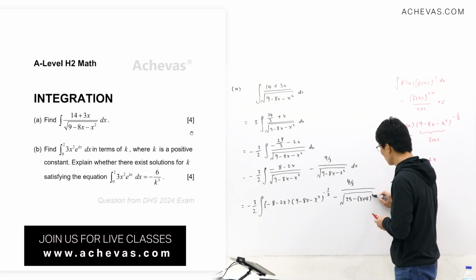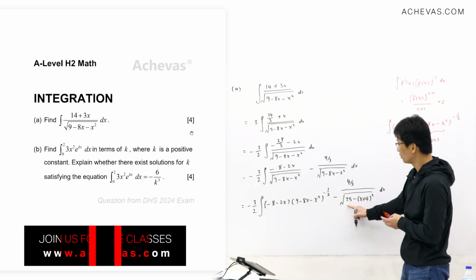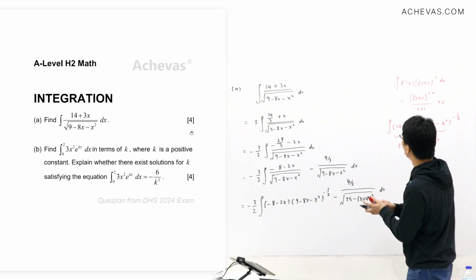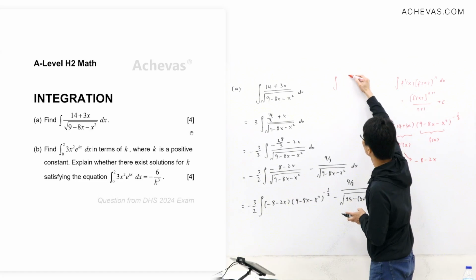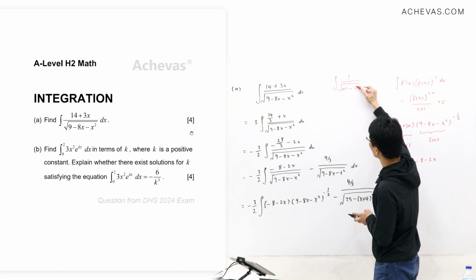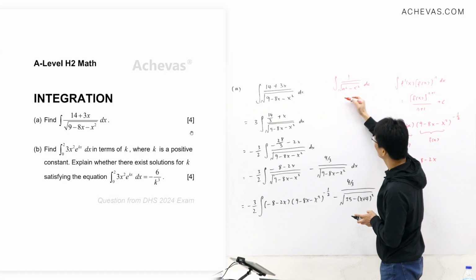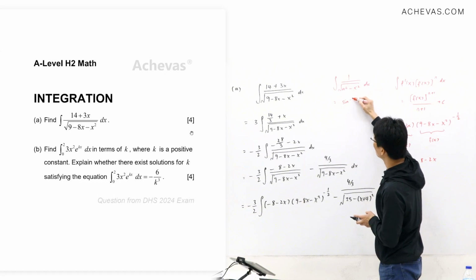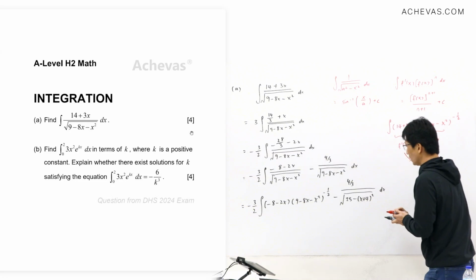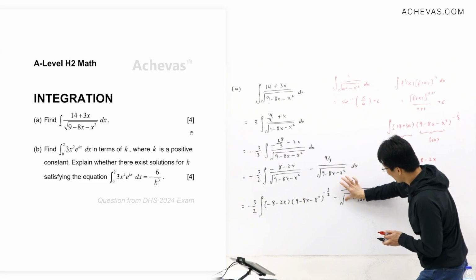plus 4 square. And this I'll probably rewrite as a 5 square because the formula is given to be integration of 1 over square root of a square minus x square. There's an a square here, which will give me sine inverse x over a plus c. So I'll rewrite this as a 5 square.